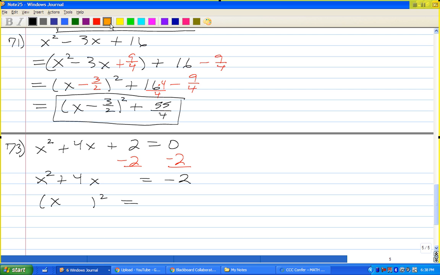Now, since there's a 1 in front of the x squared, I'll take 4 divided by 2, which is 2. 2 squared is 4. So let me add 4 to both sides of my equation. 4 minus 2 is 2.